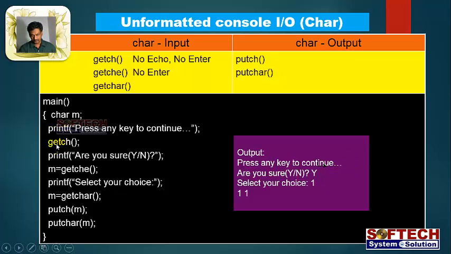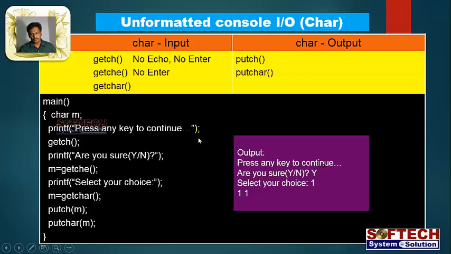The getch. This is one kind of unformatted character input. Getch. So the cursor waits after press any key to continue. The getch function waits to get the character from the keyboard.